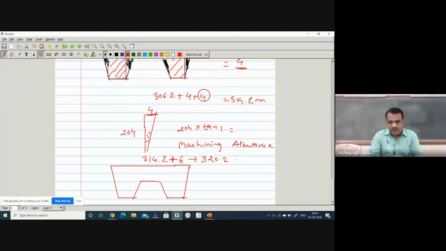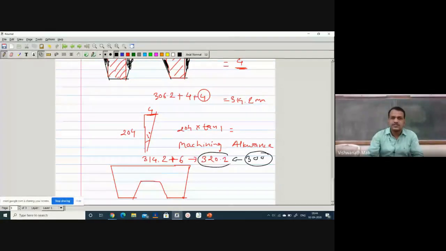See, the original dimension was 300. And after giving different allowances, we got the dimension 320.2 mm. Which allowances have we considered? First, the shrinkage allowance. Due to the shrinkage, dimension reduces. That's why we have given the extra dimension. Then we have given the draft allowance.